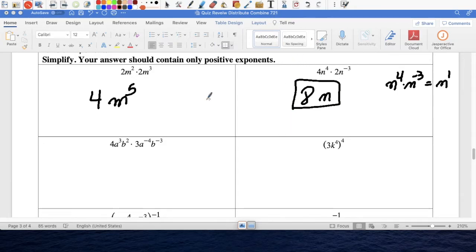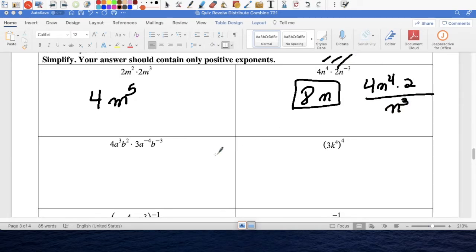Now, those of you who want to do it this way, it's also okay. So let me erase this for a second. You're like, I want to change that negative exponent to a fraction. That's okay, to the reciprocal, right, with a positive exponent. So we get 4n to the 4th times 2, right? So that stays in the numerator. The 2 stays in the numerator. But n to the 3rd goes down.